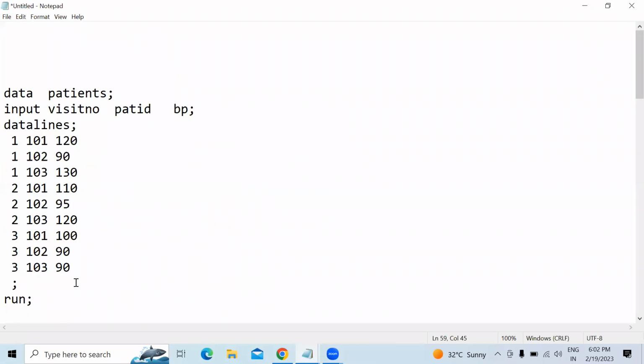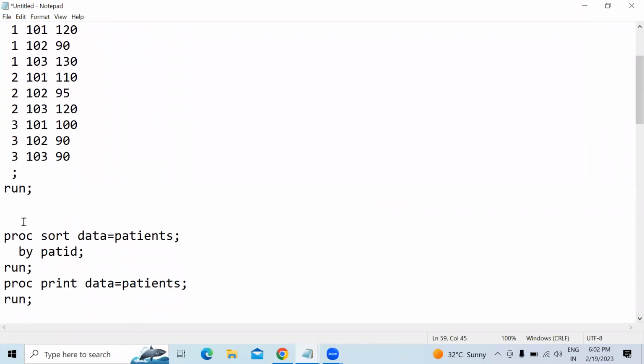First we created a data set, but immediately we did not apply by. First we sorted. Proc sort data is equal to patients by patient ID. By which column you want to identify whether it is the first one or the last one, you have to sort based on that one. Got it? And come to here.